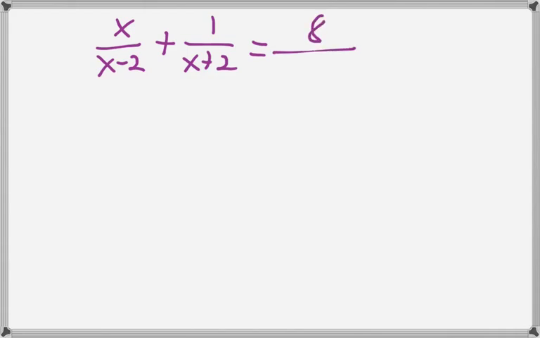Alright, here's another example. We have x over x minus 2 plus 1 over x plus 2 equals 8 over x squared minus 4. Okay, so our first step is to factor any denominators that can be factored.